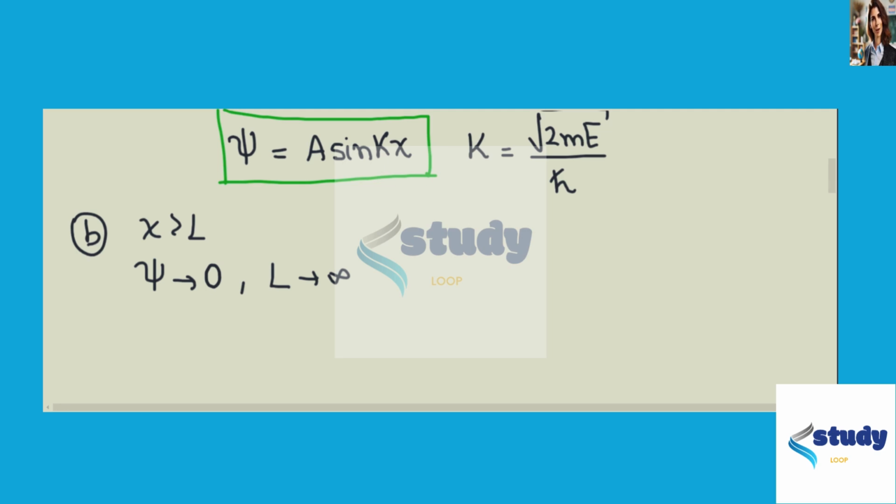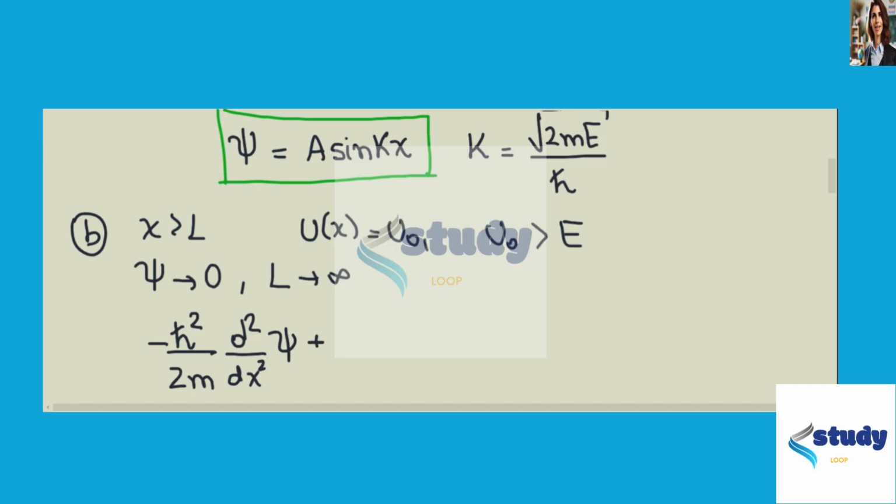So notice that at this region, we have that the potential energy, U of x, is equal to U0, and U0 is greater than the kinetic energy of the particle. Okay? So the Schrodinger equation is minus h bar squared over 2m times the second derivative of the wave function plus U0 times the wave function is equal to E times the wave function.